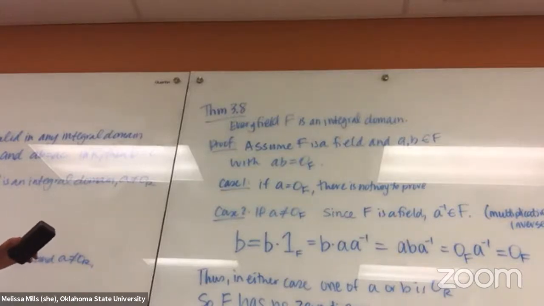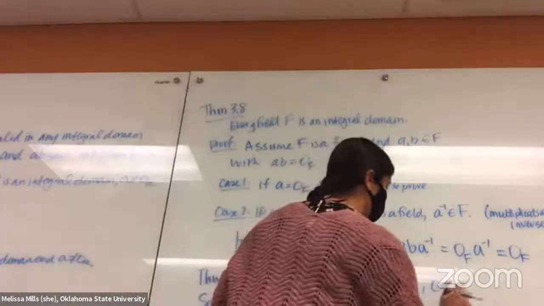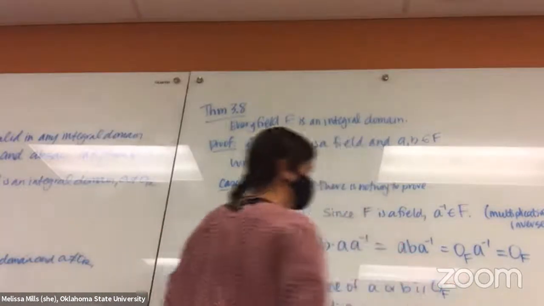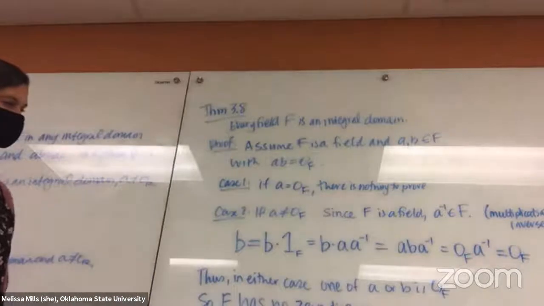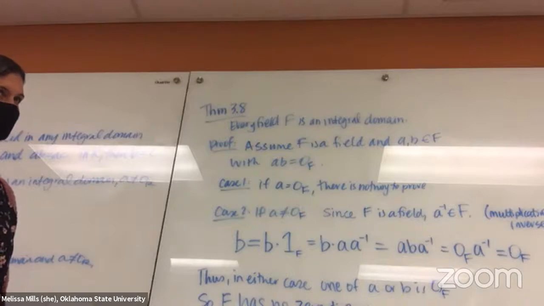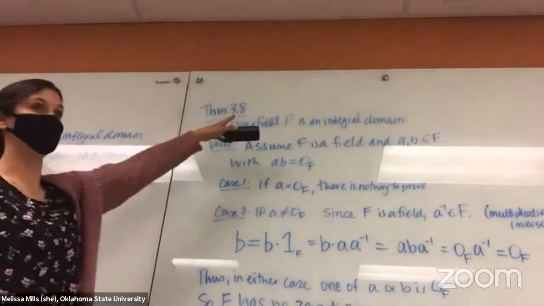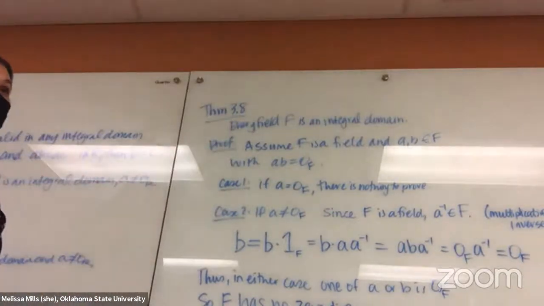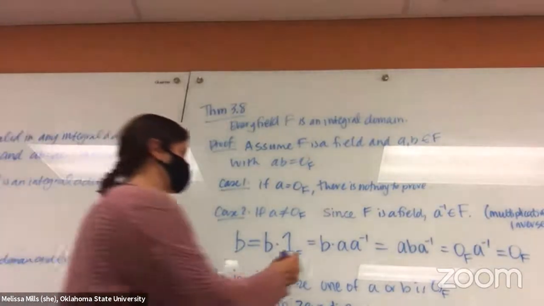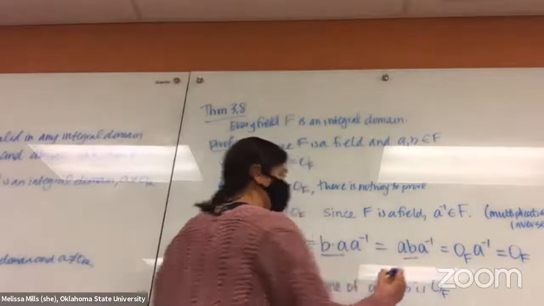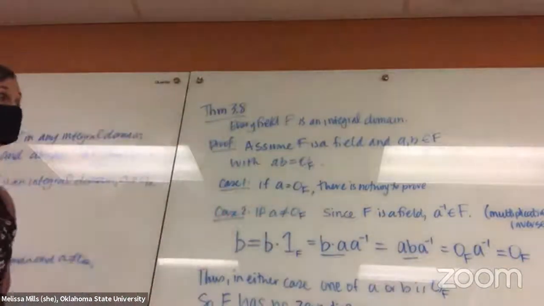Yeah, go on. Really quick, on that step where you switch A and B, do we have something about multiplication being commutative here? In a field, it's a field. F is a field. Oh, okay. Yeah, you're right. Yes, that's why I wanted to emphasize that we can do that because F is a field.